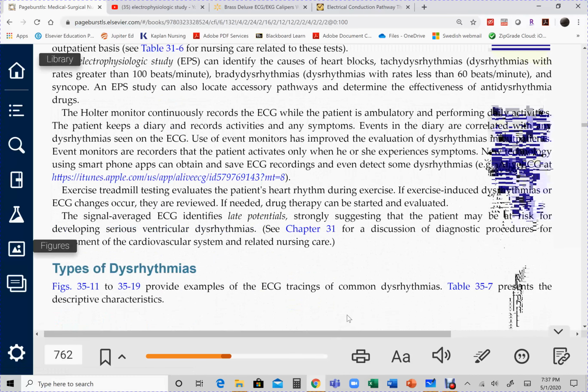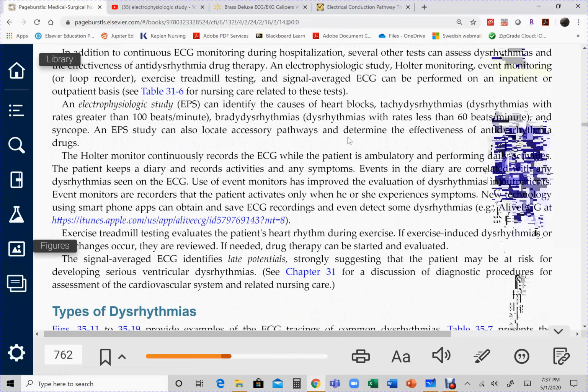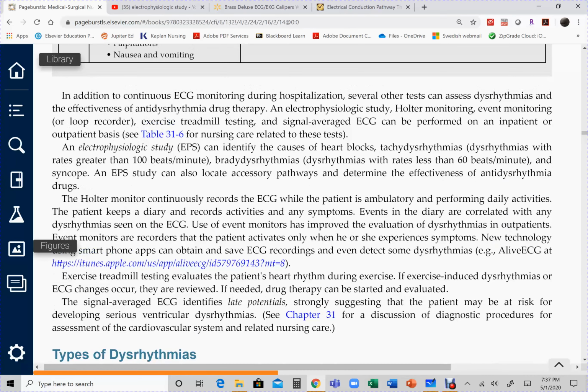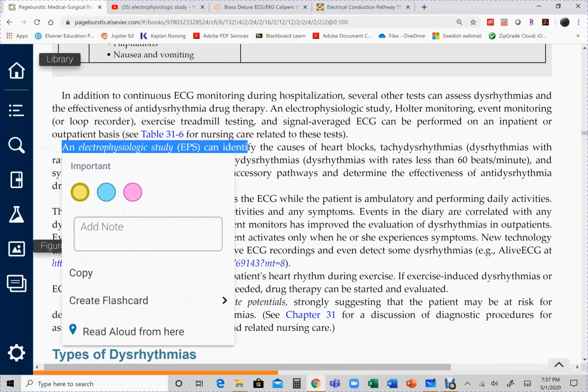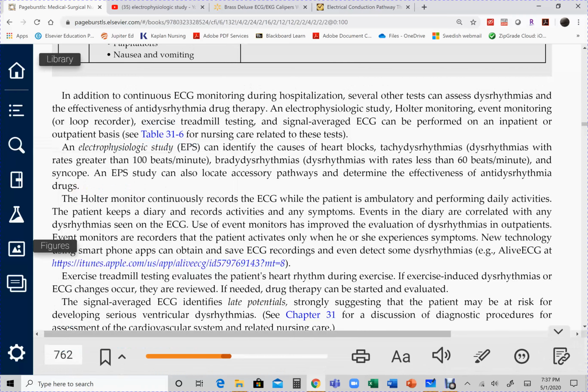Okay, let me discuss a few things here, but they will be discussed again later. But since they're mentioned here, let's just talk about them. Electrophysiologic study. This is another department. It looks like the cath lab. Setup is the same, but they just have different equipment. So what do they do in this lab?